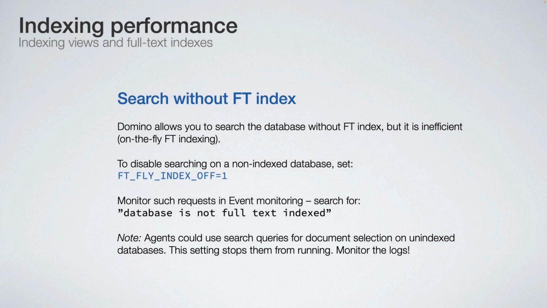But if you disable it, it means those agents could stop working. So you have to check the logs, and if you see warnings, agent couldn't run because database is not indexed or something like this, it is information for you. Okay, in this database, search is used, so I should enable full text and done.